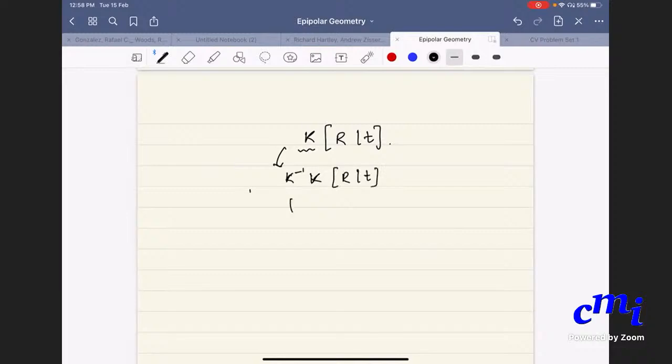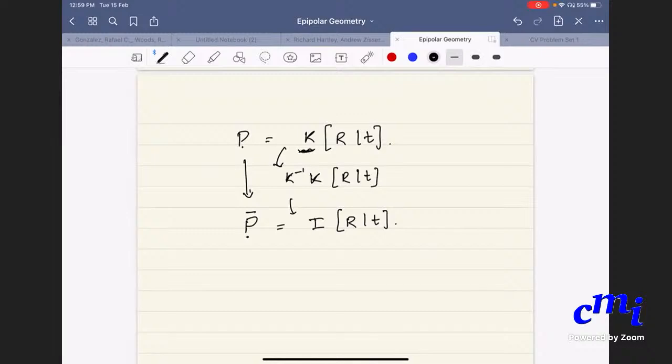So this is going to be [I|RT]. So if you have this camera matrix P, you can convert it to this P bar, let's say.